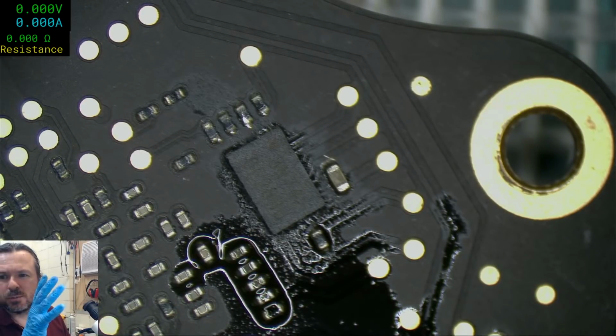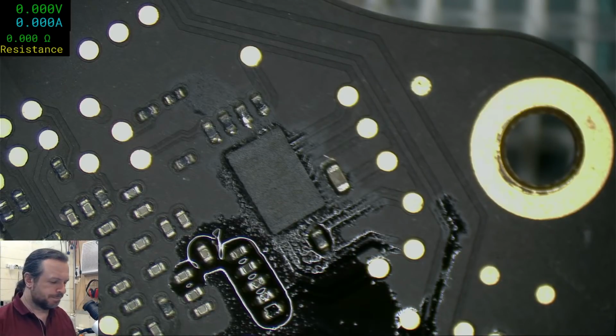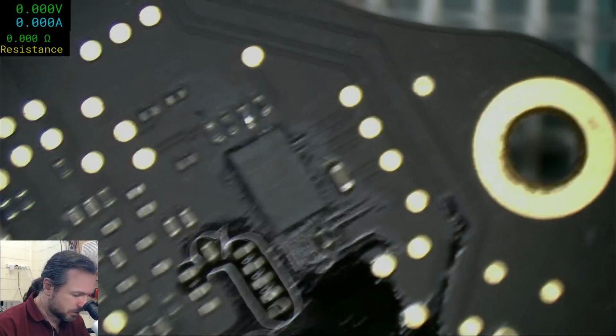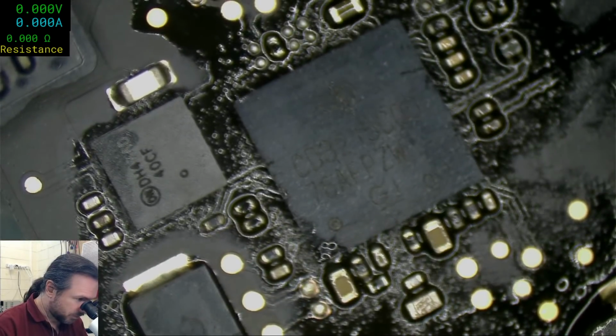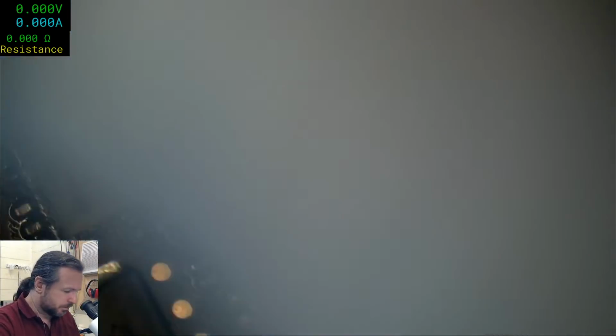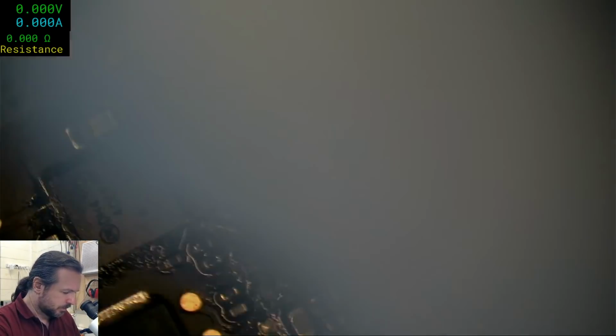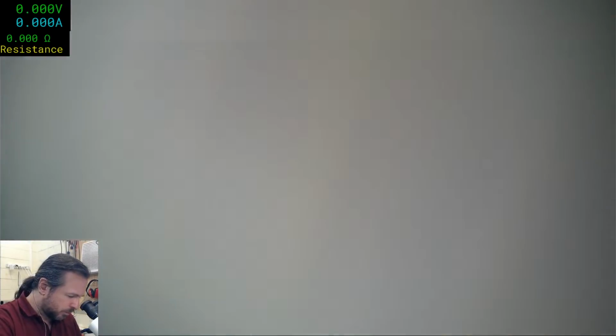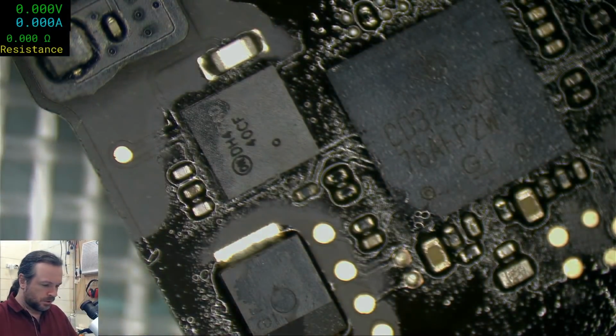Maybe what I'll do at this point, rather than focusing on this missing 1.1 volt, maybe I'll go check all the other CD3215s and see if they're misbehaving in any way. So we'll check this one here. Because we're like, okay, well the 1.1 loss, fine, we understand why that's happening at least.